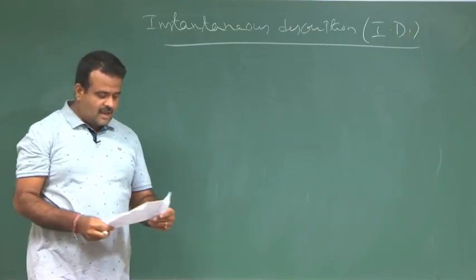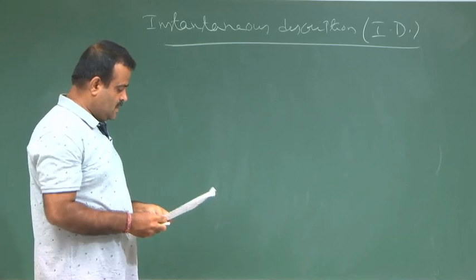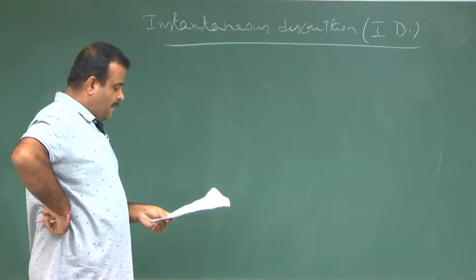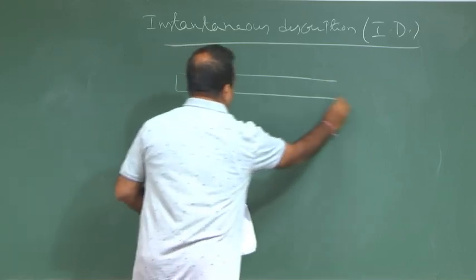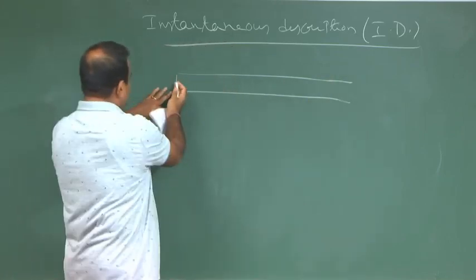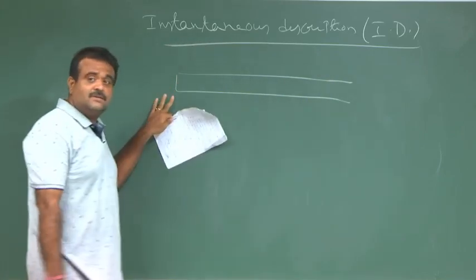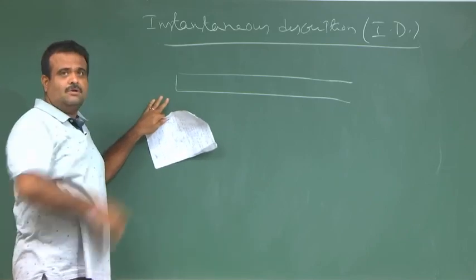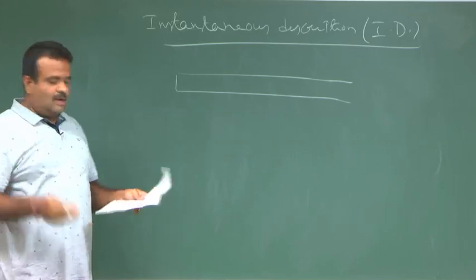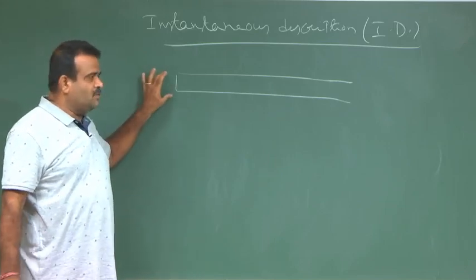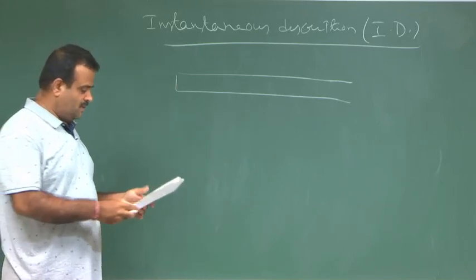So, suppose this is the situation of the tape. As we know, our tape is bounded on this side. There is another version of the Turing machine where this side is also open and infinite, but we are restricting our Turing machine to have this side closed.